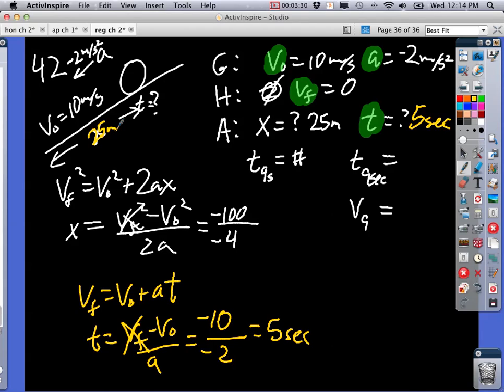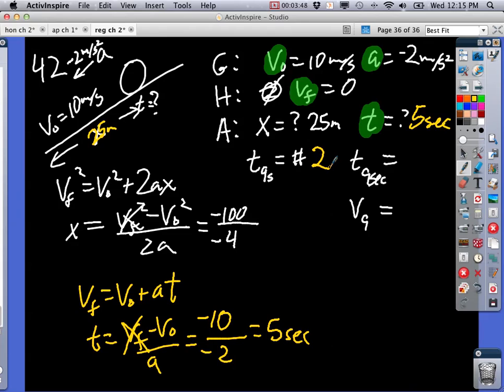Twice. I'm asking when V final is 0. When you go up and when you come down, you stop there, so that's 0 there. But when you're coming back down, wouldn't that also be V final?